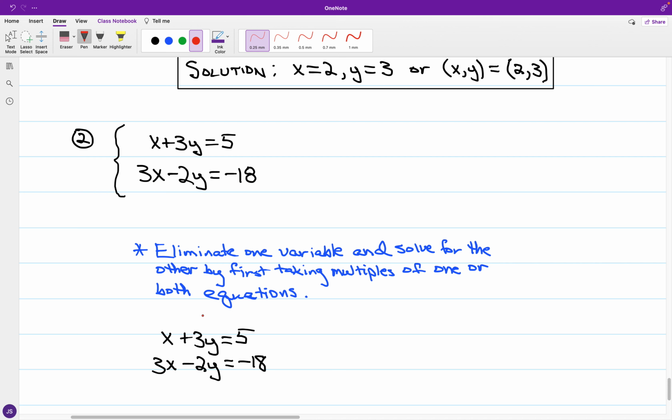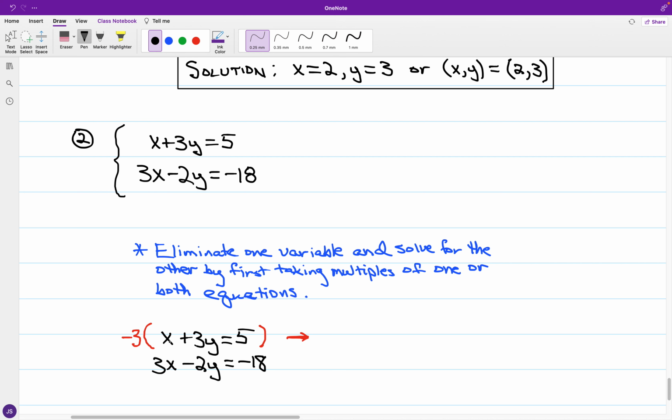So I can make this x into a negative 3x if I take a multiple that creates a set of additive inverses: multiply x plus 3y equals 5 by negative 3, while keeping the second equation the same.